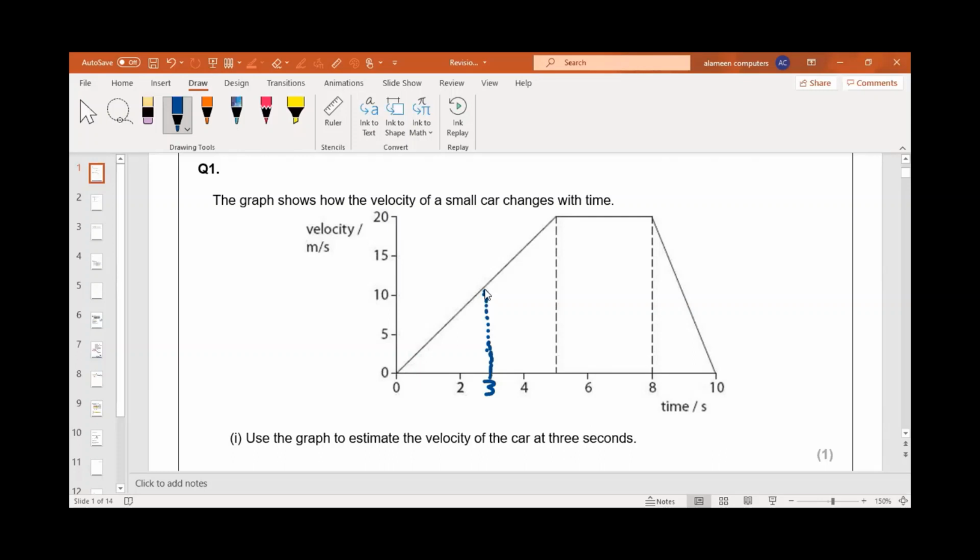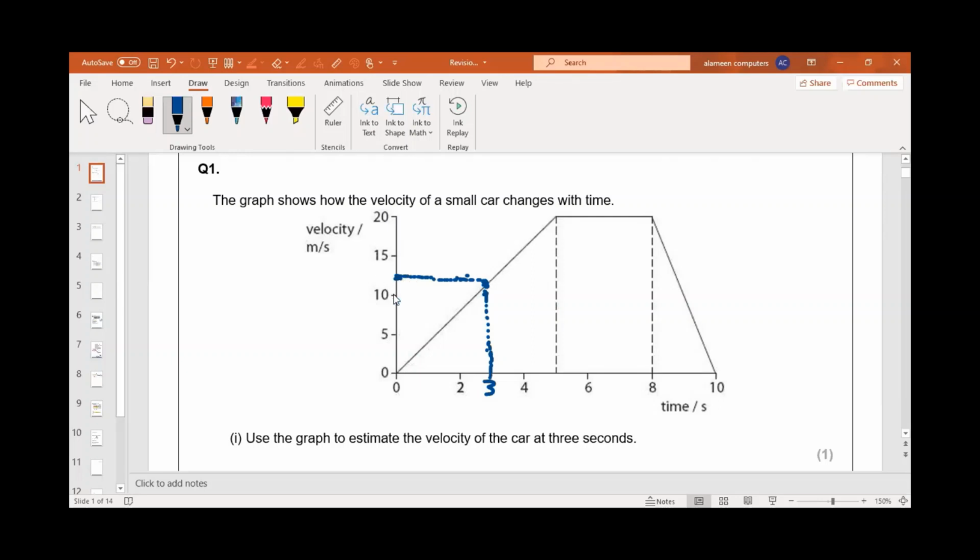And then at the point where the vertical line meets the graph, you need to draw a horizontal line until it reaches the velocity axis, right?